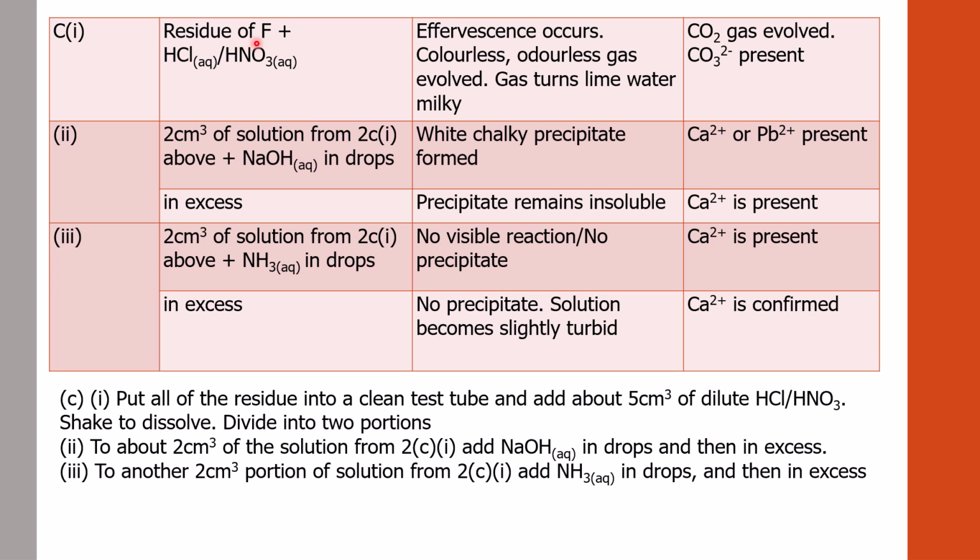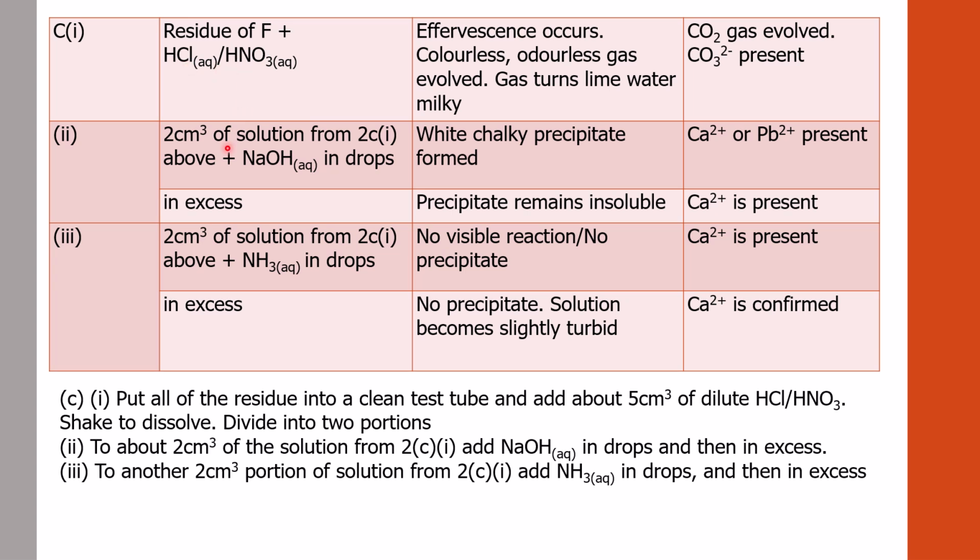When you add HCl, effervescence occurs, a colorless, odorless gas evolves, and the gas turns lime water milky. The gas is CO2. That is an indication that trioxocarbonate(IV) ion is present. I will tell you why HCl is most preferred to be added to this residue by the end of this class.